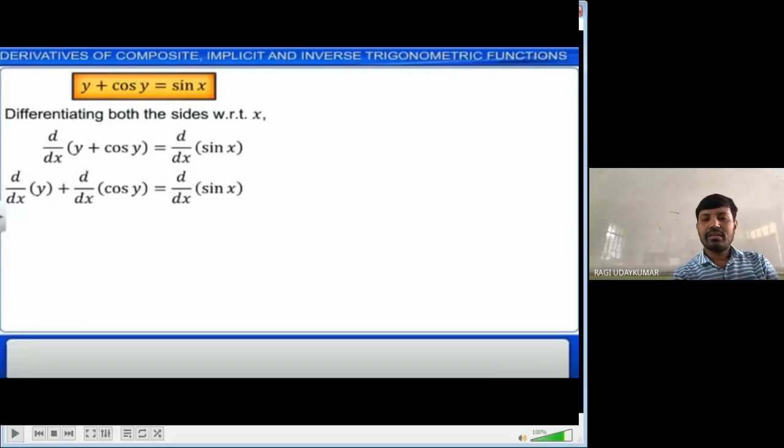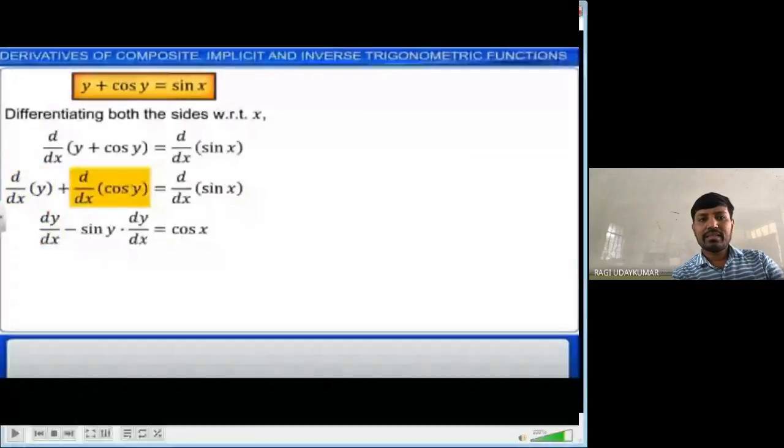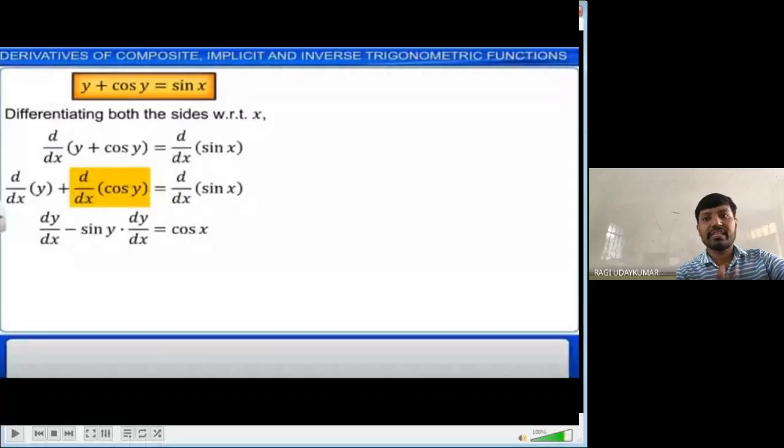Did you understand? The derivative of cos y with respect to x is minus sin y, and y must be differentiated because y is a function of x. That's why you should write dy by dx.